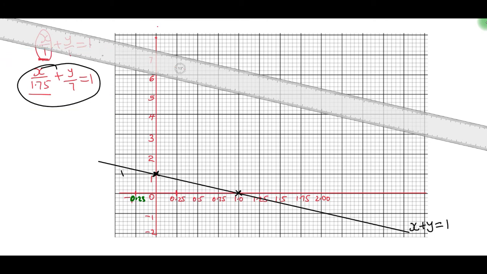Also we plot the points. For now, I'm going to use a different color. It cuts the x-axis at 1.75, so I have 1.75 at that particular point, and also the y-axis at 7.